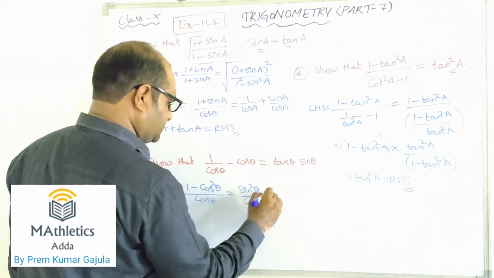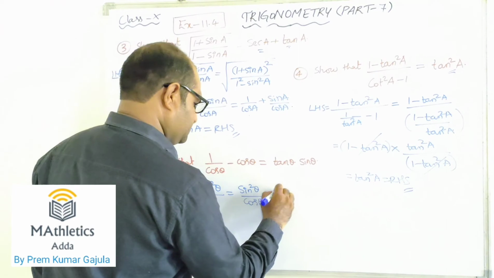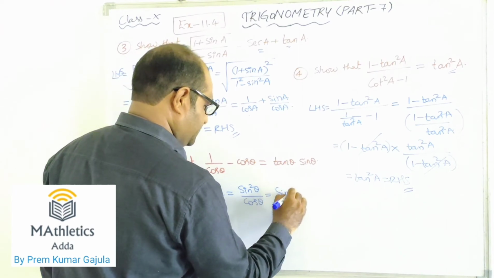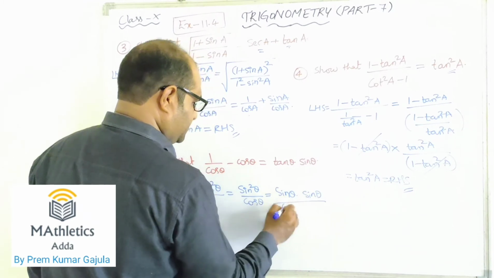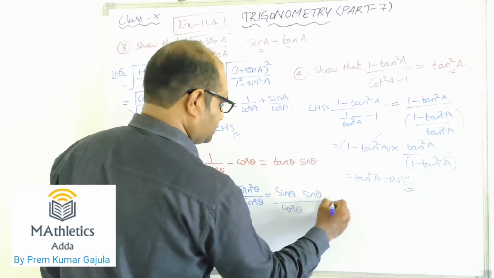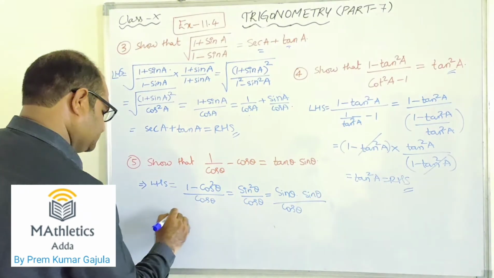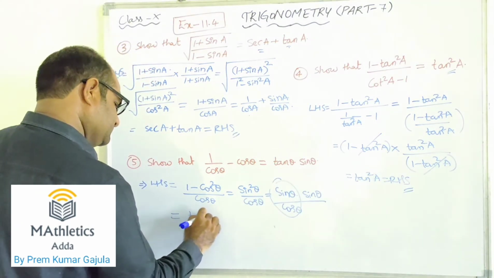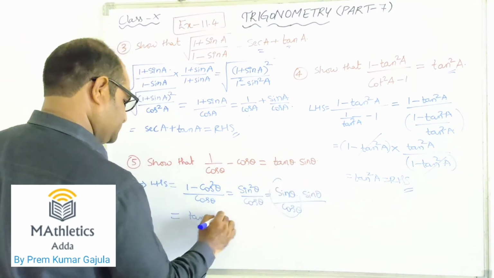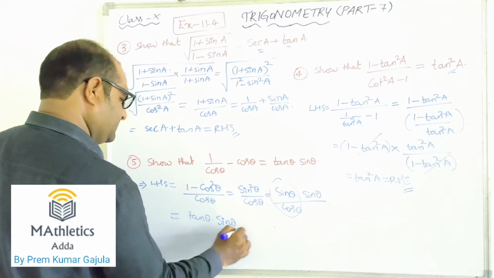And the denominator is cos theta, so write by cos theta. Sin square theta I am writing as sin theta into sin theta. And I am writing cos theta as denominator. So this we can write as sin theta by cos theta, we can write it as tan theta into sin theta. Our answer is completed.